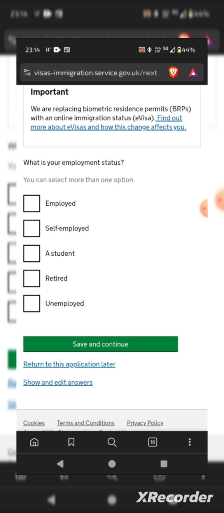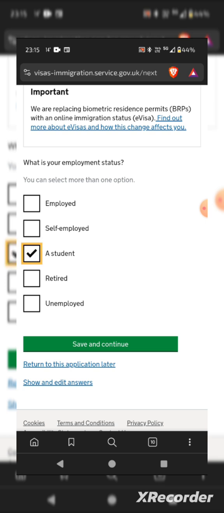If you are self-employed, you need to show documents of your business, all those things, and the business should be registered. If you are a student, show documents you are a student. That's really easy.